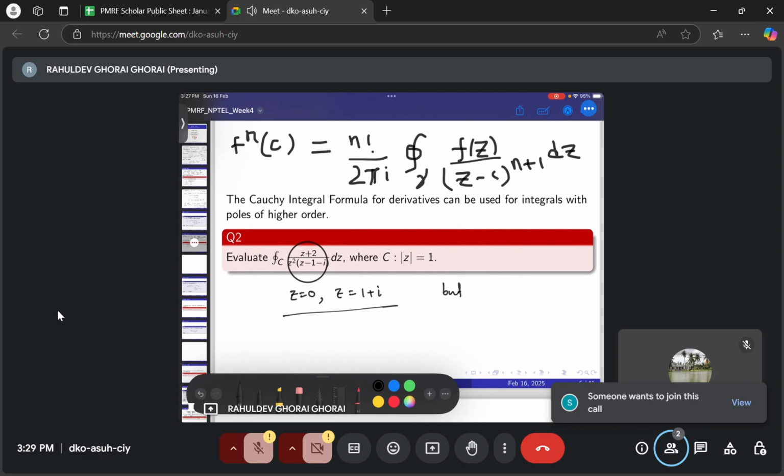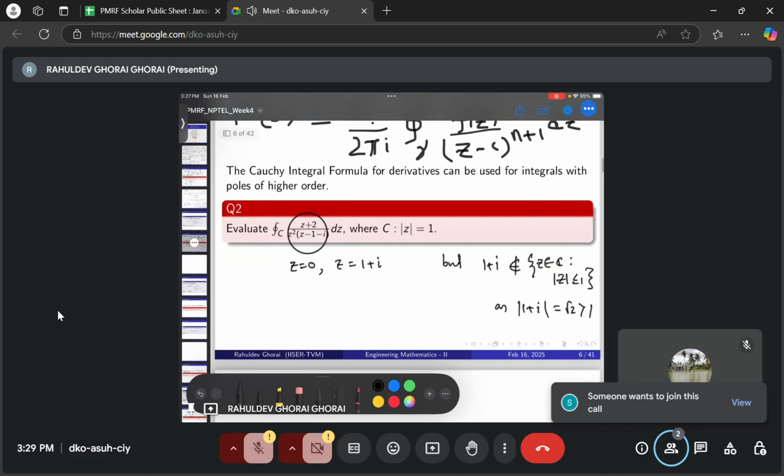Without doing anything, the whole function has a problem at z equal to 0 and z equal to 1 plus i. But 1 plus i does not belong to the set of z such that modulus z is less than or equal to 1, as the modulus of 1 plus i is square root of 2, which is greater than 1. But z equal to 0 will lie inside that region.